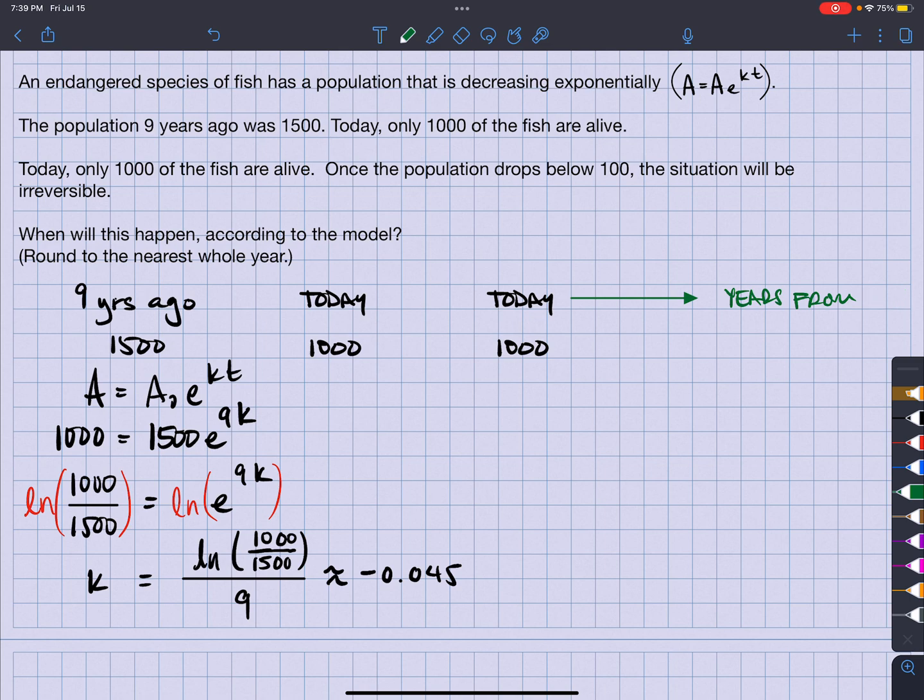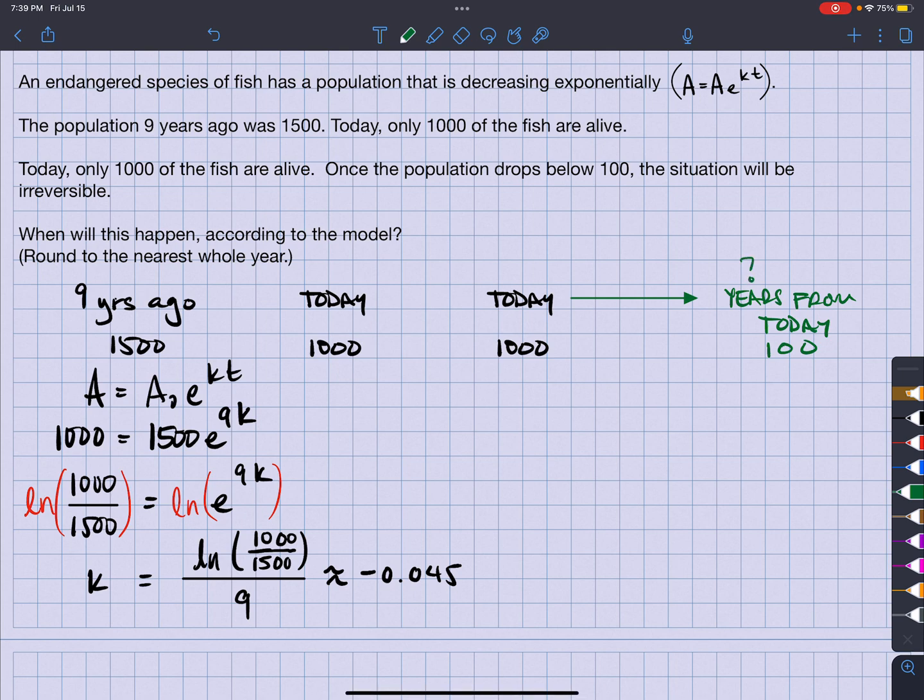It's going to be 100, but I don't know how many years.